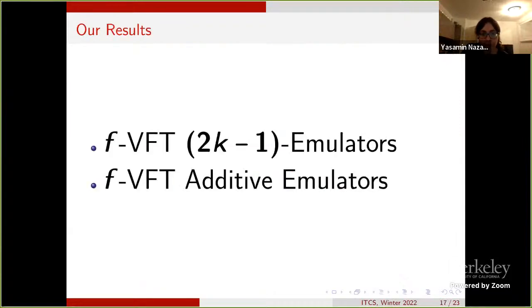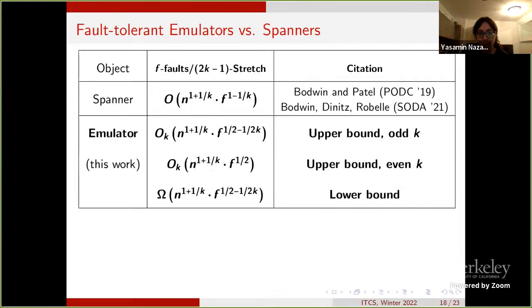Okay, so let me get into our results. As I promised, we showed that we can construct emulators that outperform spanners with the same stretch for a given fault set F.